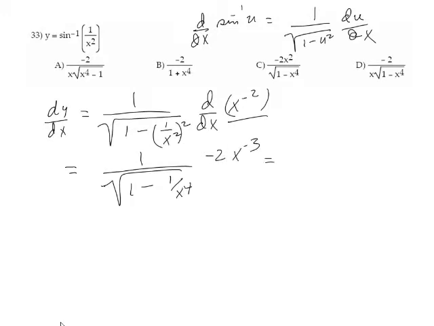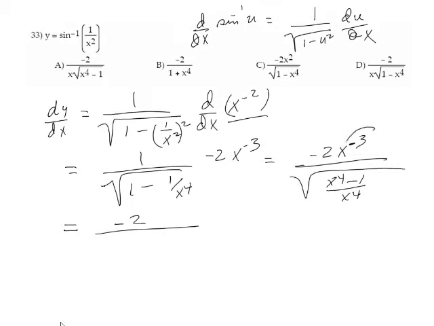This becomes minus 2x to the minus 3 over the square root of x to the 4th minus 1 over x to the 4th. And this is going to become minus 2. I'm going to take the x to the minus 3 and put it down in the denominator, times the square root of x to the 4th minus 1 divided by x to the 4th.